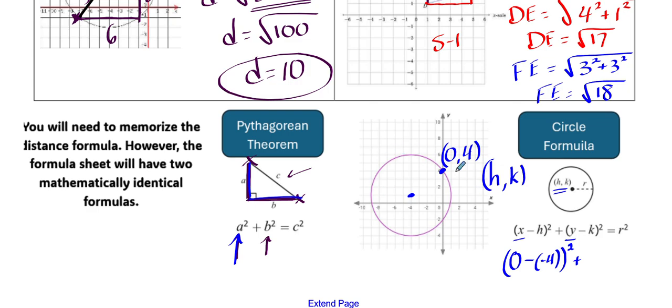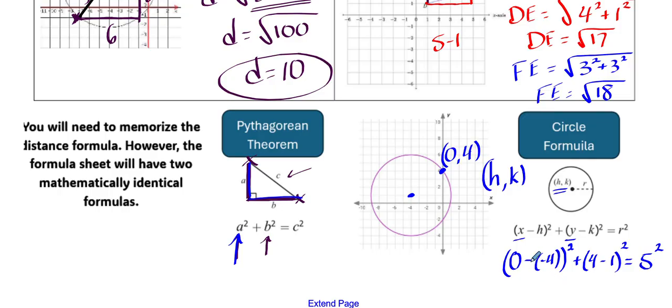It really works for any point on the circle. I'm just picking that one. Here I'm using 4 minus the y value at that spot, which is 1, equals the radius squared. Here the radius is 1, 2, 3, 4, 5.